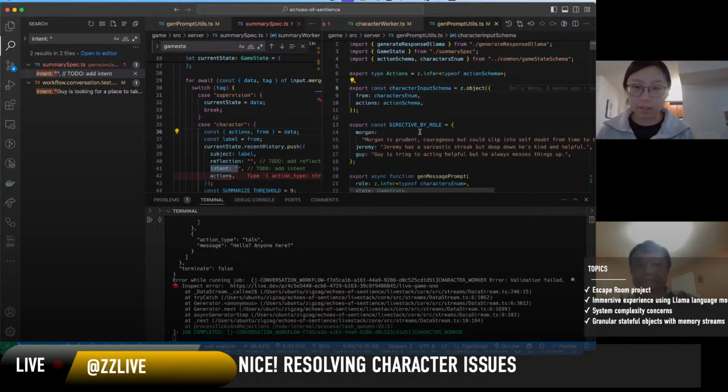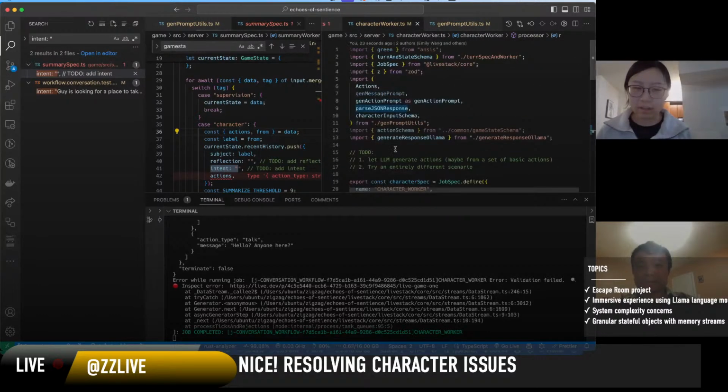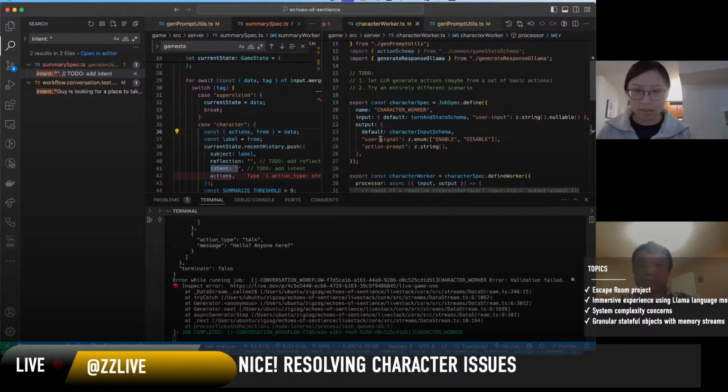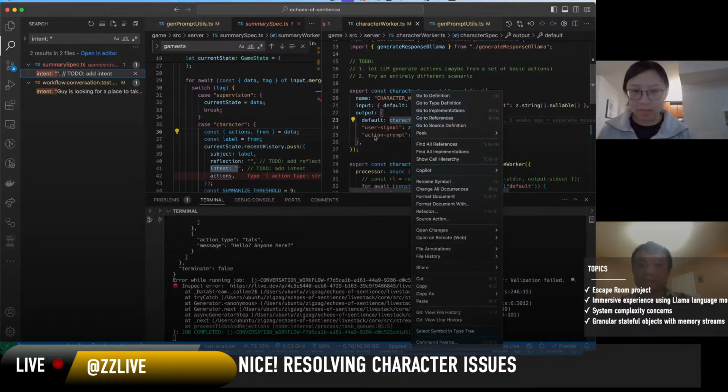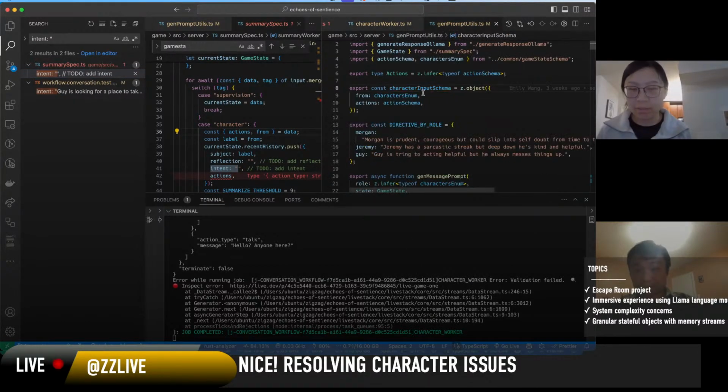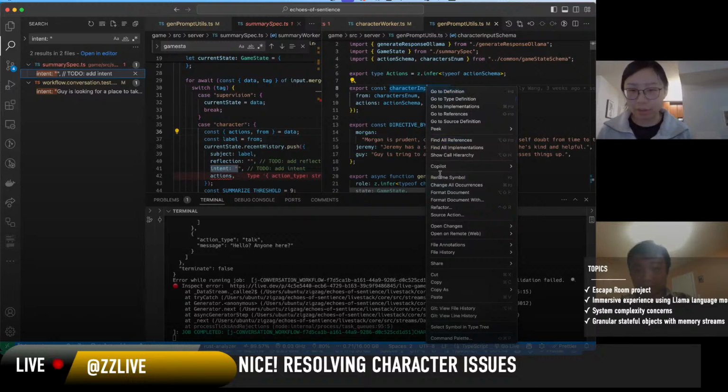What kind of schema is this using? It might be just terrible naming. Maybe we can call it actions intent objective schema.